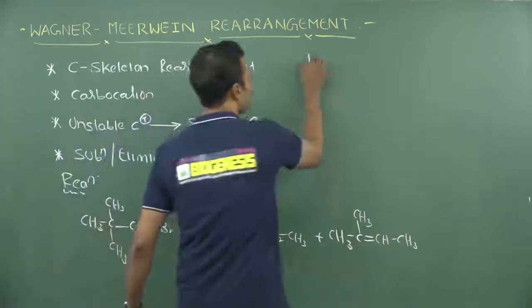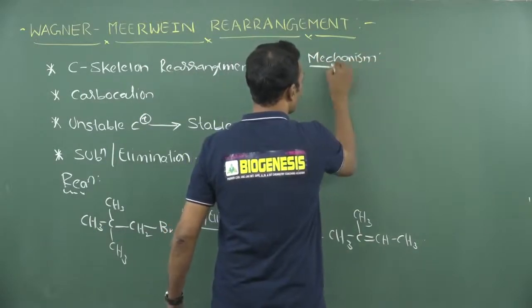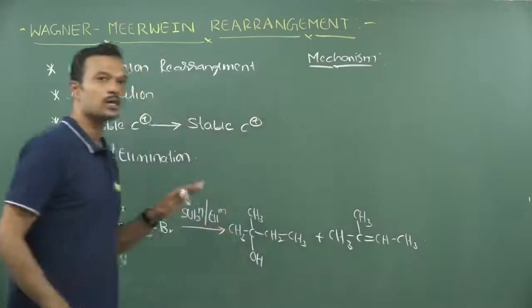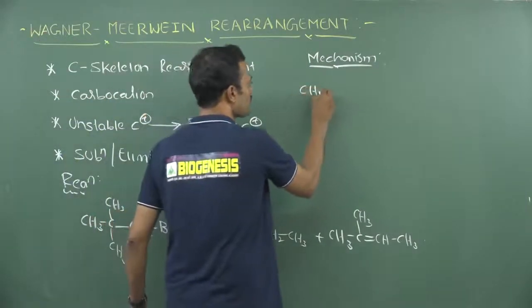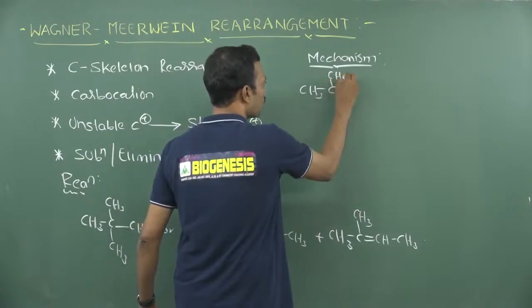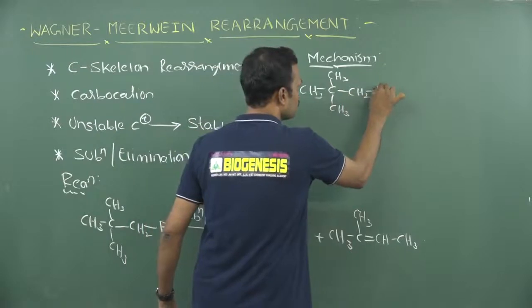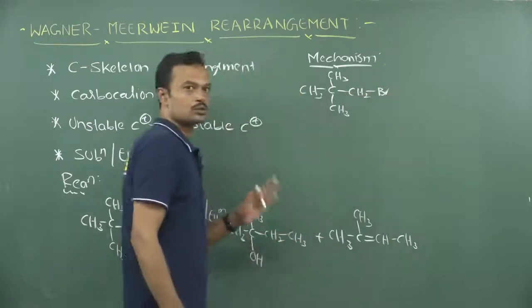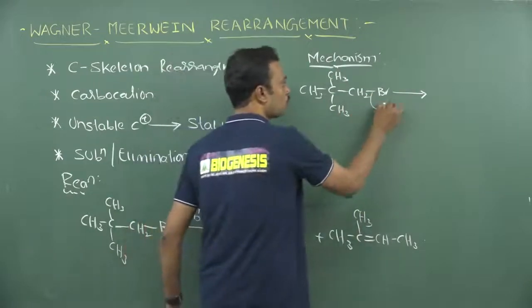Now, if you see the mechanism, this is the carbon skeleton rearrangement I am talking about. What is an actual carbon skeleton rearrangement? Suppose you are using a neopentyl halide. Before participating in the reaction, the halogen is simply removed from here.